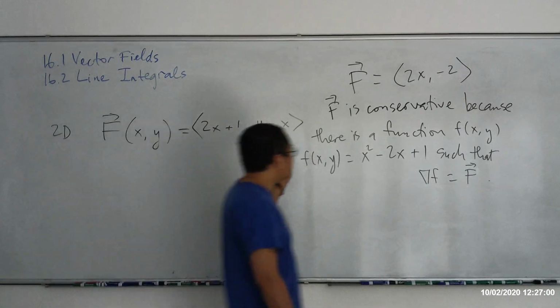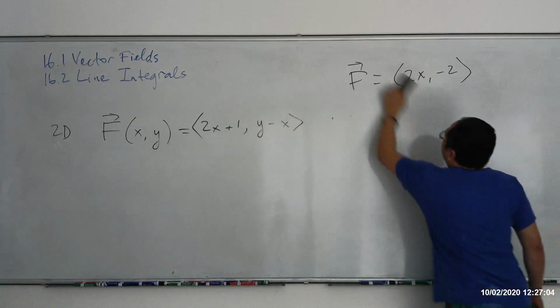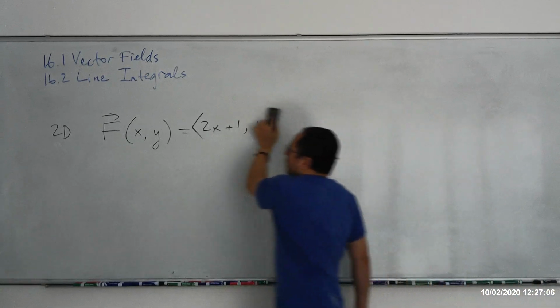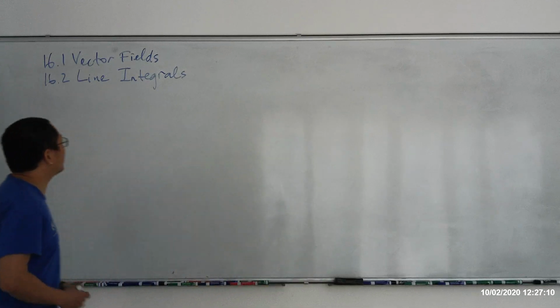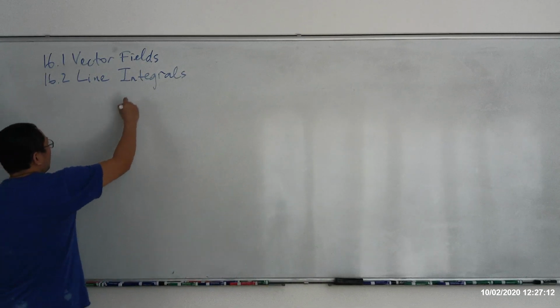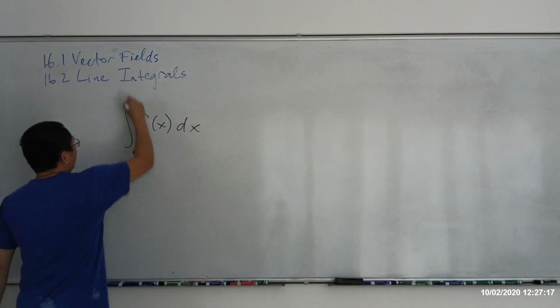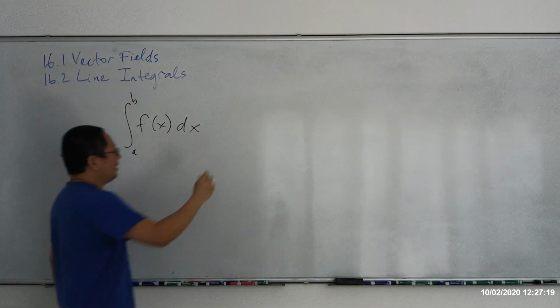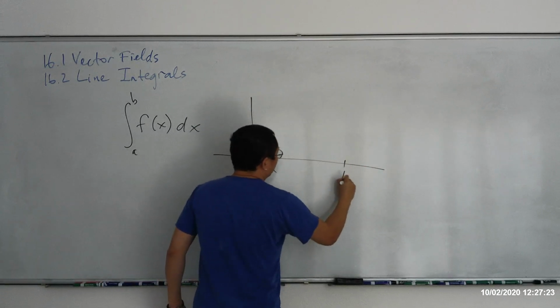Now, let me move on to the second section, Section 16.2. I'll be talking about line integrals. So let's recall what you learned in Calc 1. You have the integral of f(x) dx running from a to b. And graphically, say a is here, b is there, right?